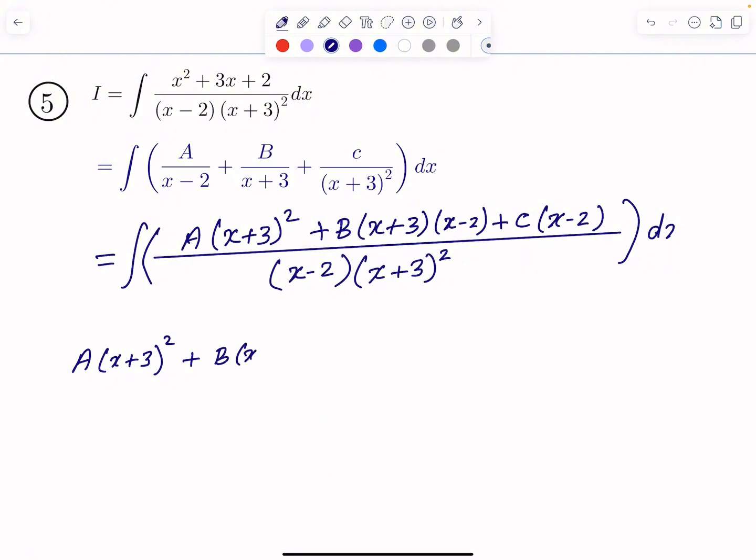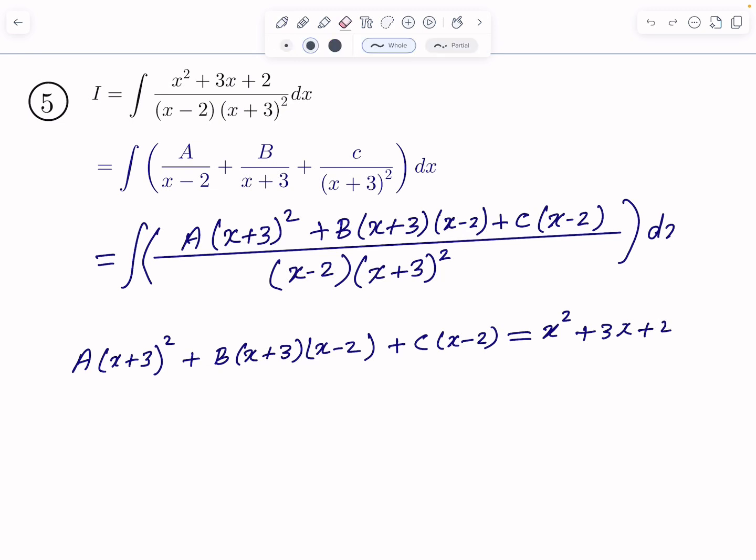So we're gonna have a times x plus 3 whole squared plus b times x plus 3 times x minus 2 plus c times x minus 2 being equal to x squared plus 3x plus 2.